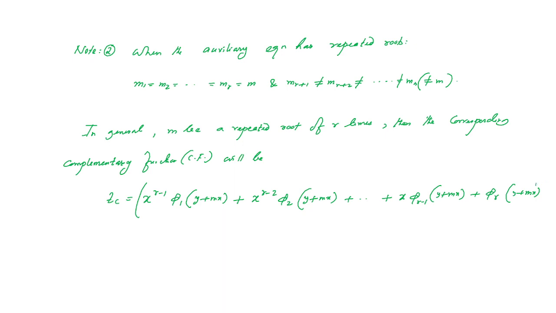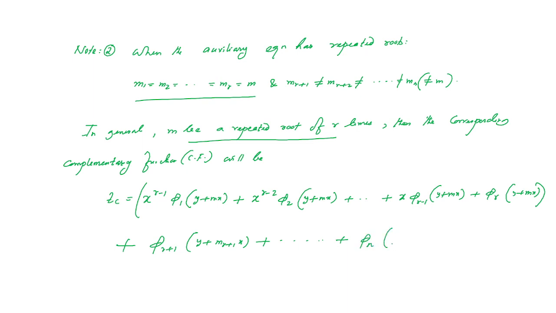So this is all about the repeated root, because m is a repeated root r times, and the remaining part will be phi r plus 1 of y plus m(r+1)x, plus ..., phi n of y plus mnx, where phi 1, phi 2, ..., phi n are all smooth functions.